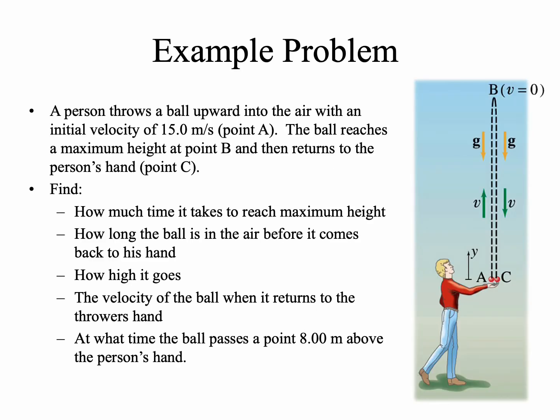Now, here's my example problem, and it's the biggest thing that I think is in this pre-lecture video, and it's very similar to an example problem in your reading in Halliday Resnick Walker. I think the difference is I'm starting with 15 meters per second, and it's a different number. I think it's 12 meters per second in the example problem in the book.